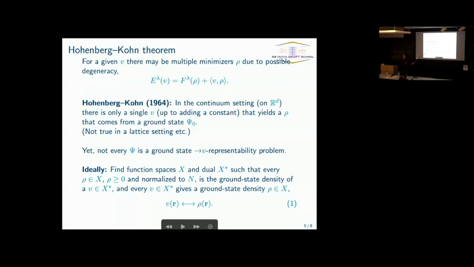And of course, not every element of the space is a density, but if I take them normalized and bigger than 0, then this is a physical density. So I take out those elements, and each one of that should be the ground state of a given potential. So that would be the wish, and this is how people think about DFT, that this is actually the case.